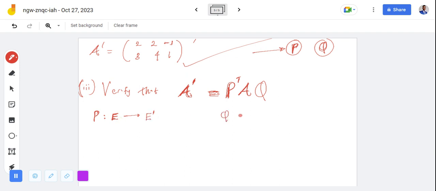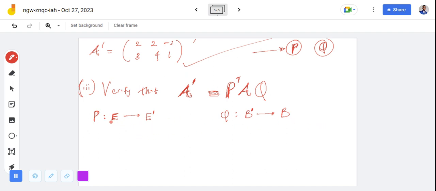While this Q, we always map the given base to the standard base. Yeah, this is how it works. This is the two definitions.